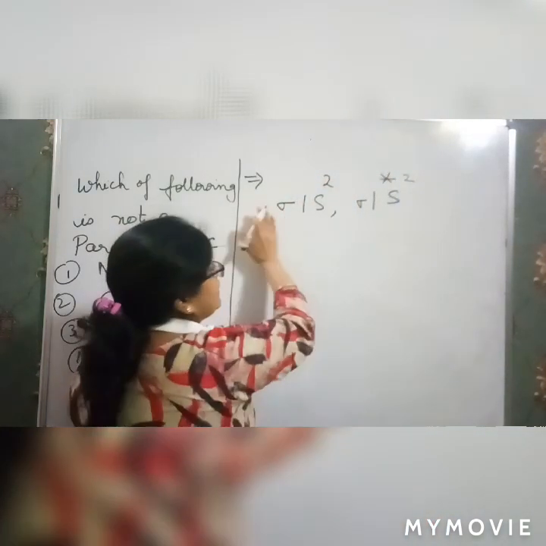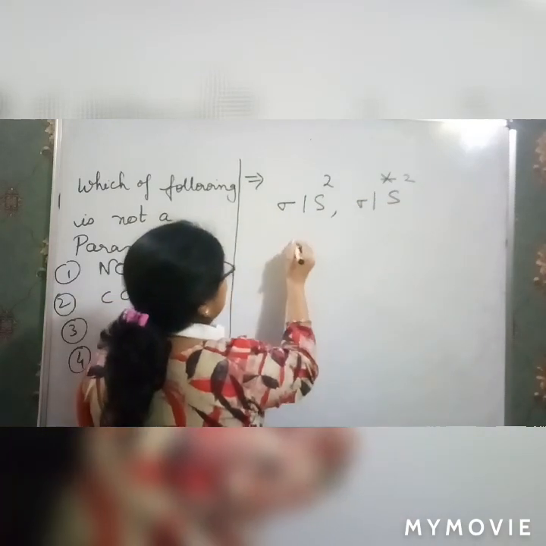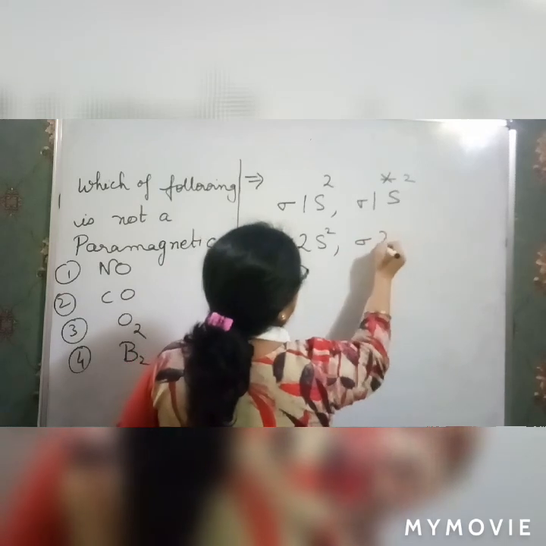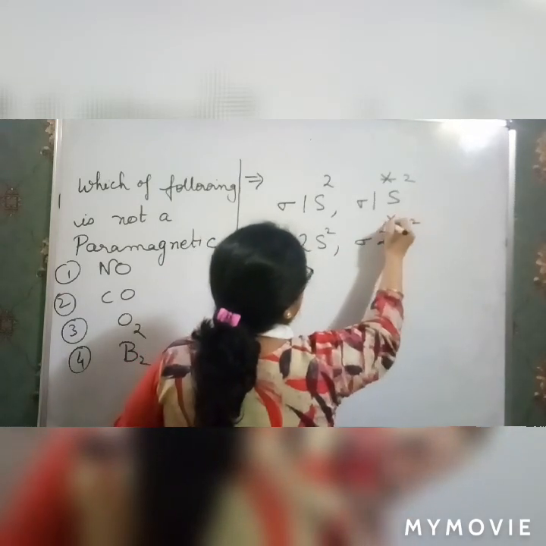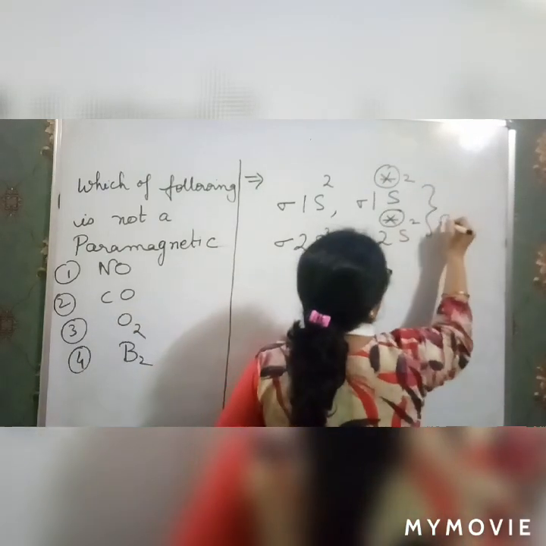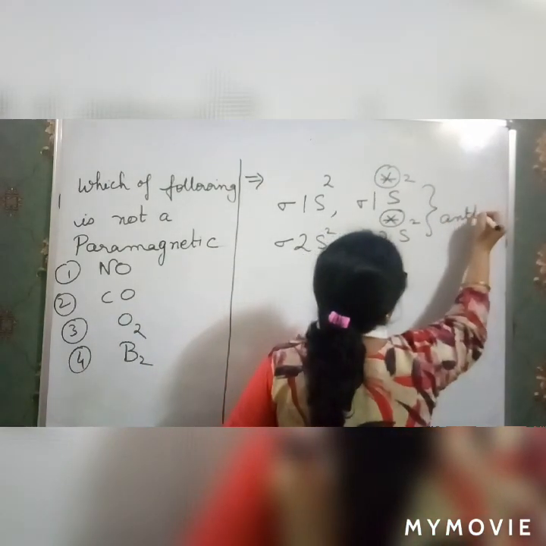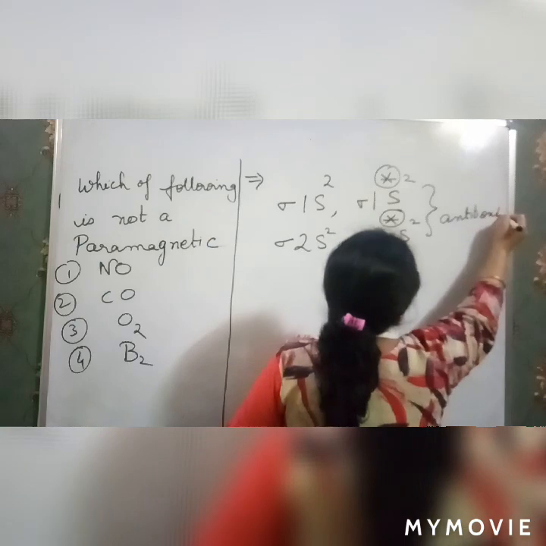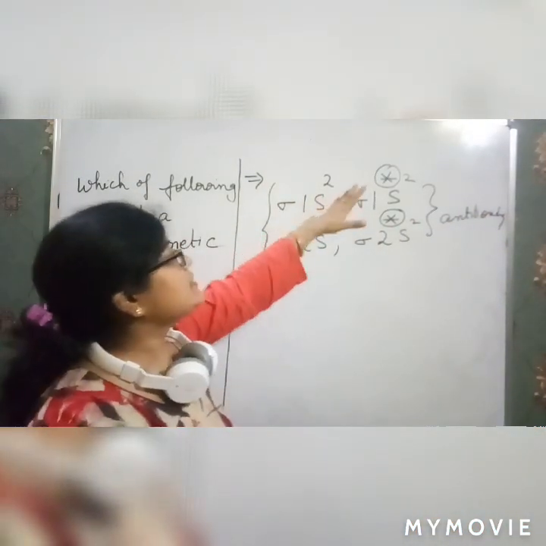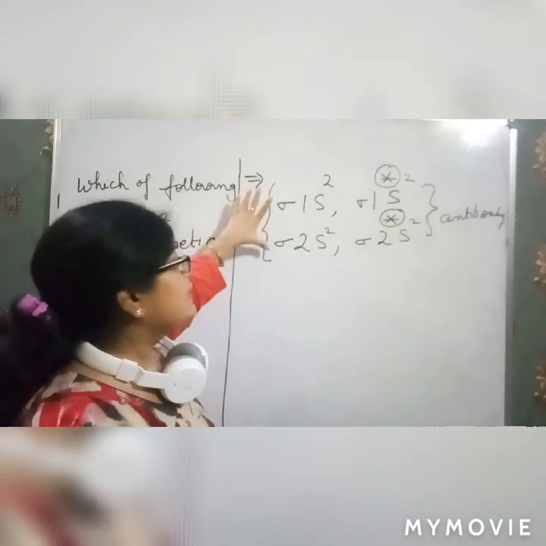Okay. So we just go in this way. Now sigma 2s, then sigma 2s star. The ones which we have put a star on, these are anti-bonding orbitals. Clear? And those which don't have the star, they are bonding.